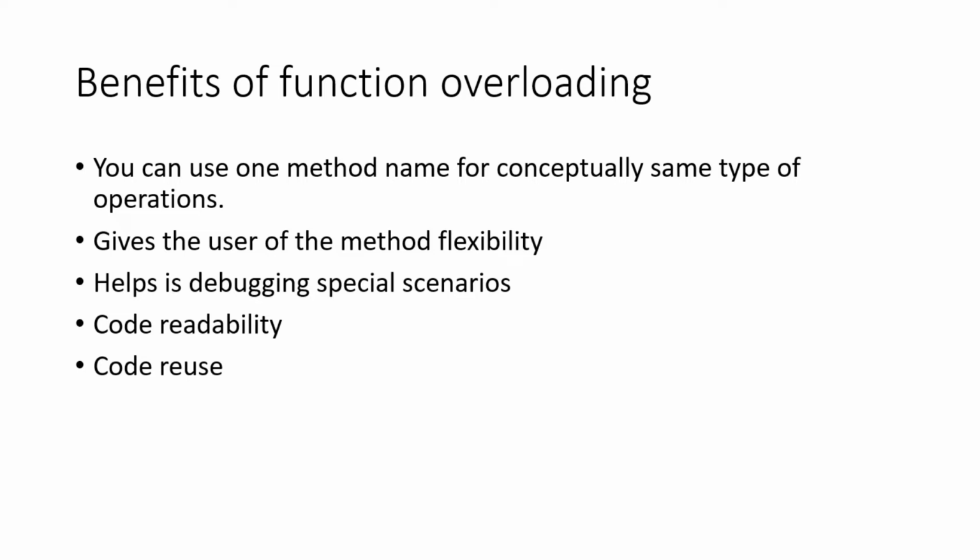So in his mind, conceptually, it is doing the same thing. It also gives him the flexibility to pass in different types and numbers of parameters, and the other points. Well, there's a typo here. It should say helps in debugging special scenarios, code reusability, readability, and reuse.